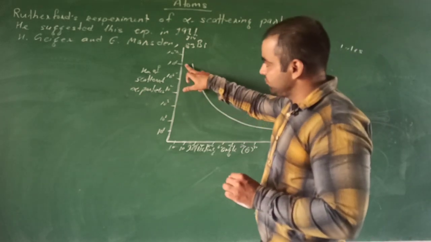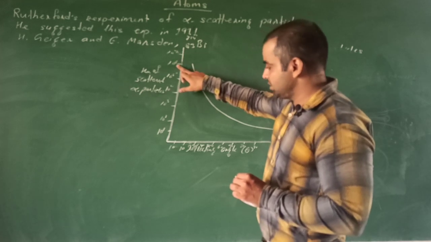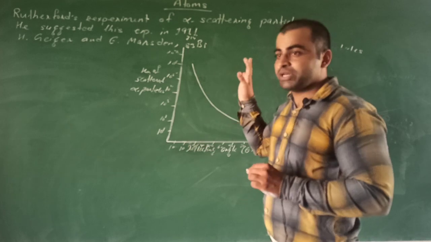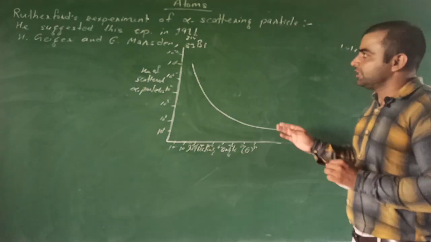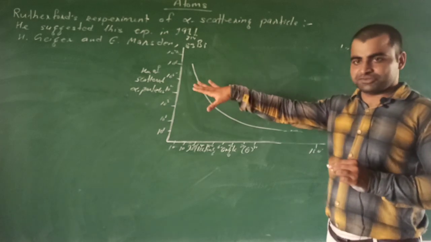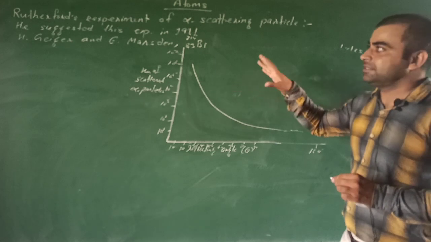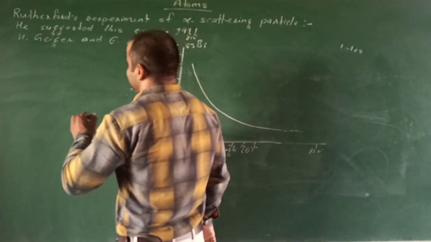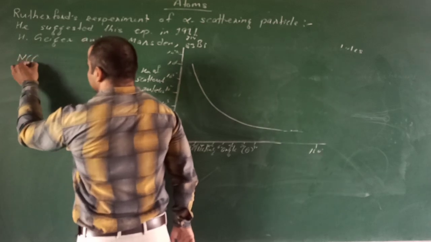Here we can see a large number of particles at very small angles. When the angle is very large, the number of scattered particles is small. We can see that here. And the estimated value of scattered particles at any angle theta.